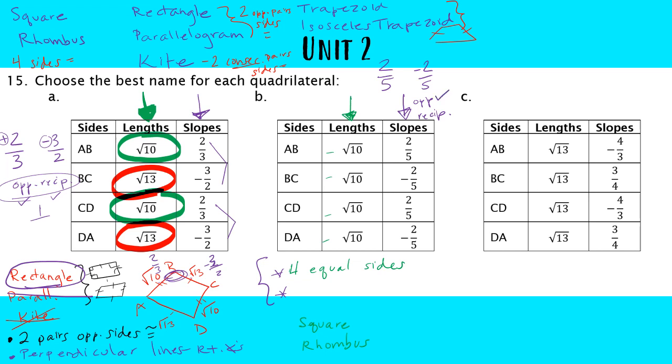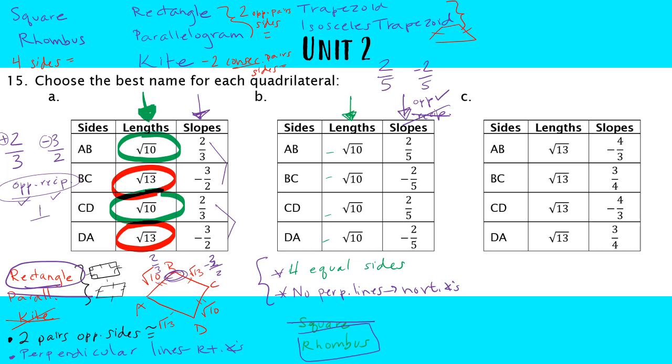So the opposite part is true. Are they reciprocals of each other? The answer is no. So you do not have perpendicular lines, which means that you have no right angles. So no right angles means it cannot be a square, which means letter B, my answer is rhombus.